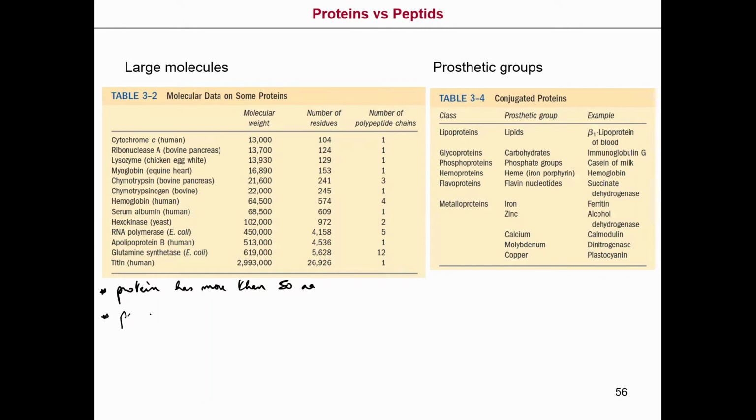The protein is encoded by DNA, and the degradation of this protein in the body, in the cell, gives peptides. So you can have two definitions: one based on size, 50 or less, and one based on the protein being encoded by DNA.